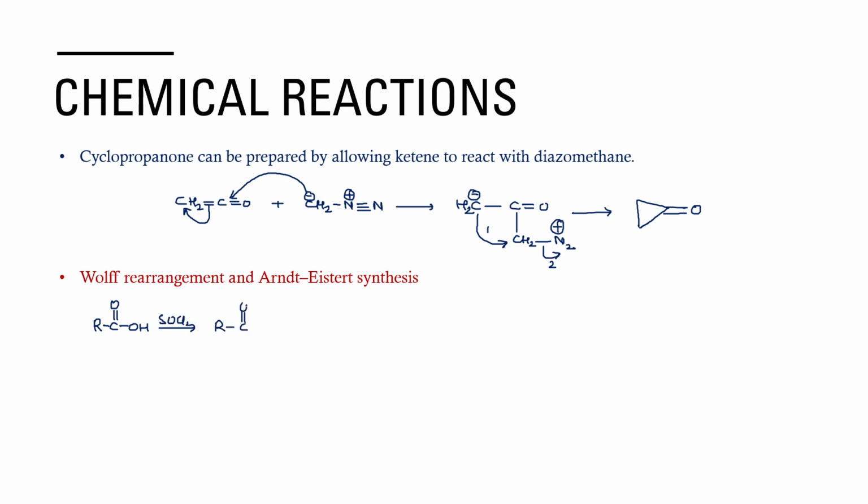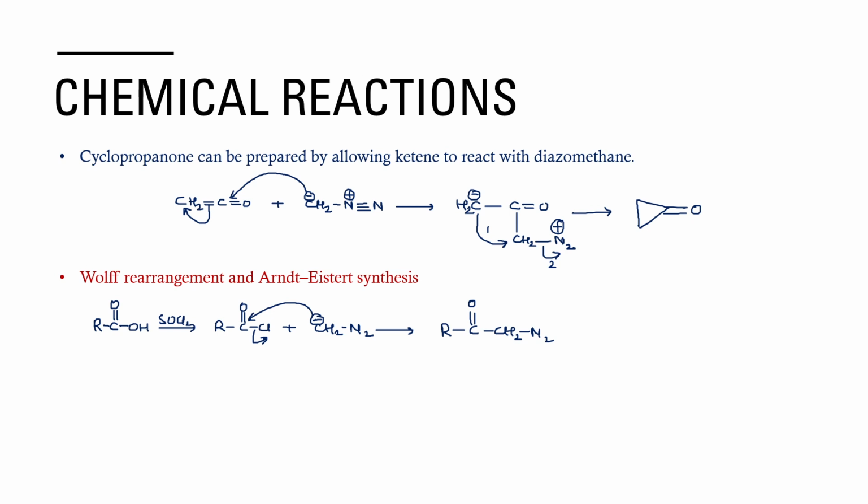You will get RCOCl, which is then made to react with CH2N2. Okay, so there is a negative charge on the carbon, that will attack over here. This will go out, and we would get R C=O CH2 N2.